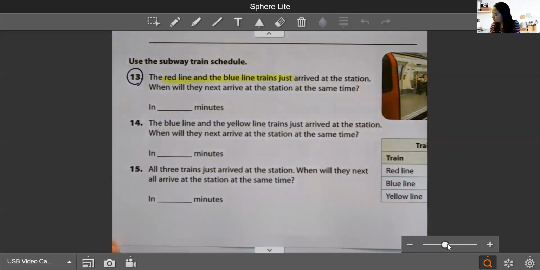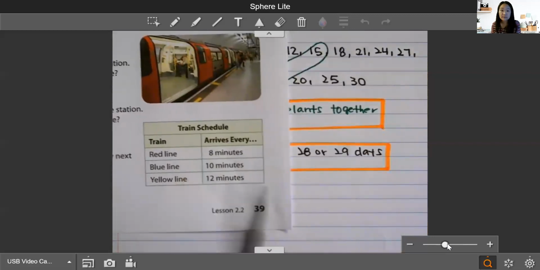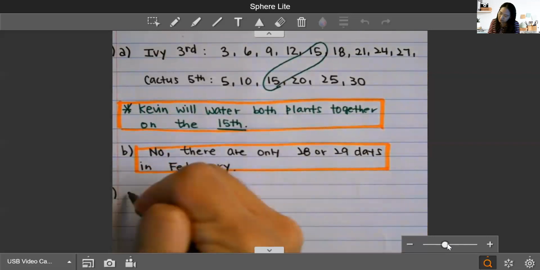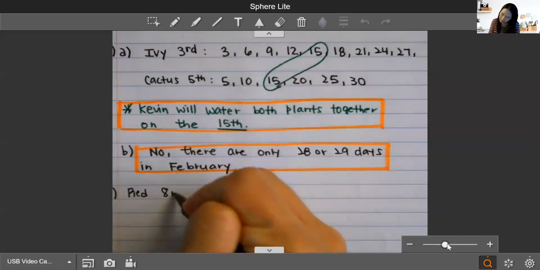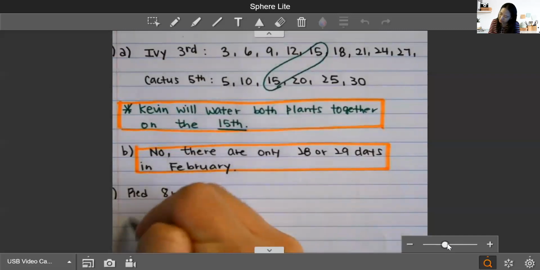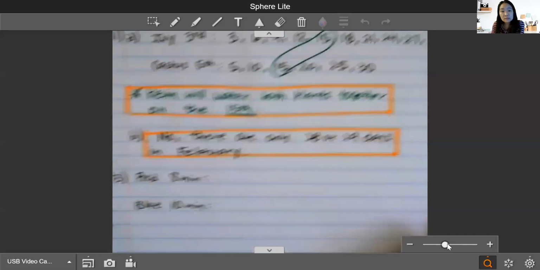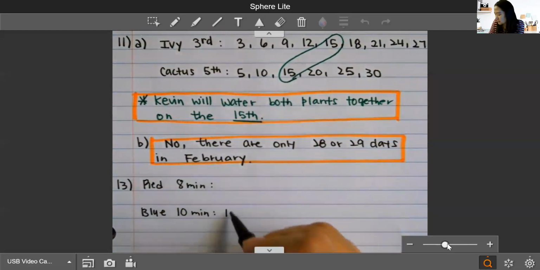So red and blue. If you take a look, red is every 8 minutes, blue is every 10 minutes. So for number 13, I'm going to write red, 8 minutes, and blue, 10 minutes. And I'm going to list the multiples until I find a common multiple. I'm going to start with the 10 minutes.